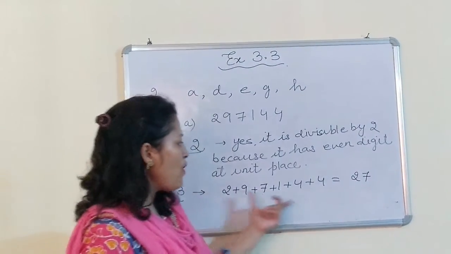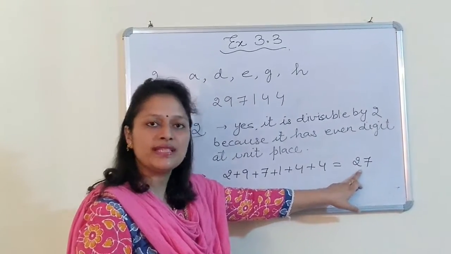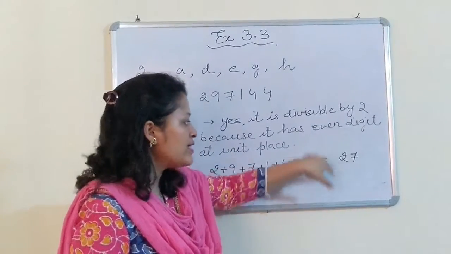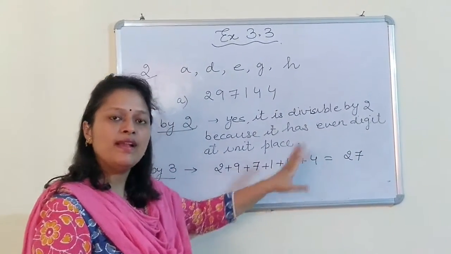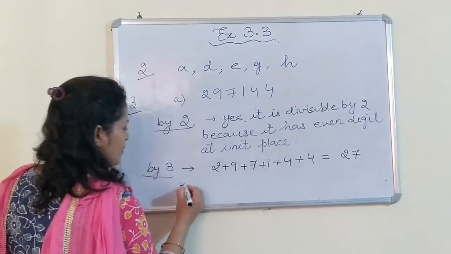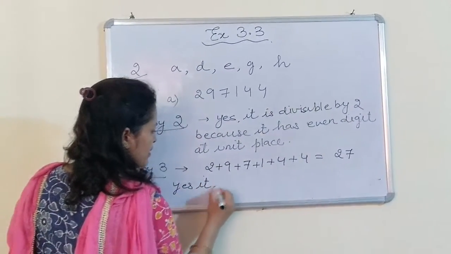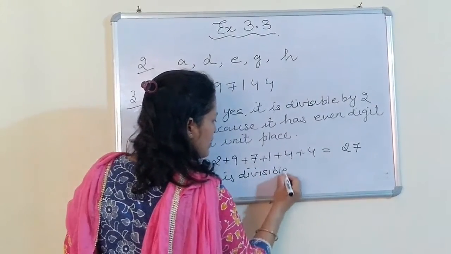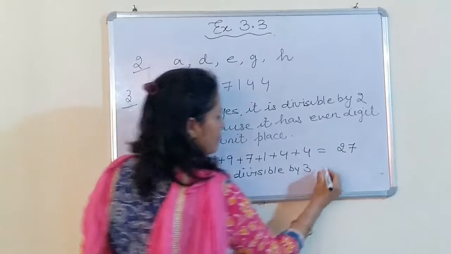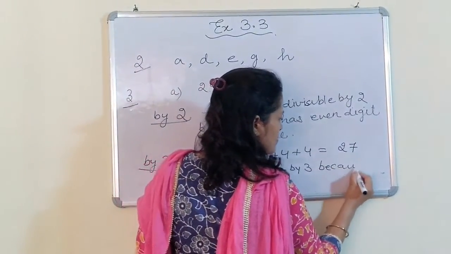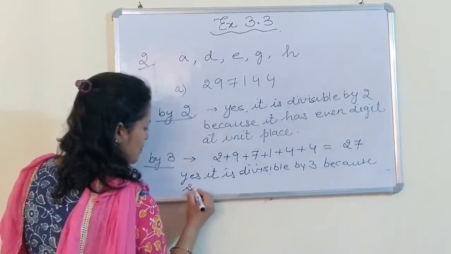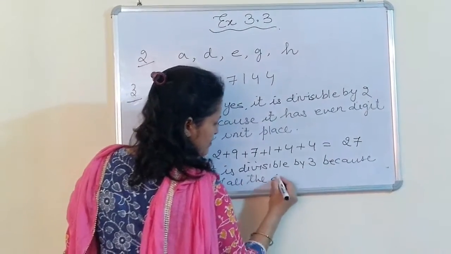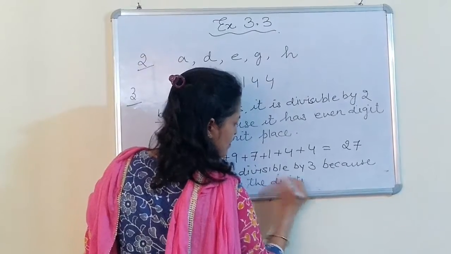The sum of all digits comes to be 27. Yes, it is divisible by 3 because the sum of all the digits is divisible by 3.